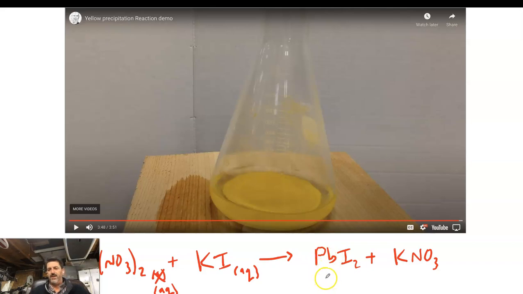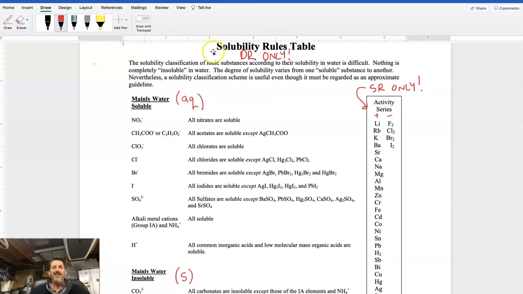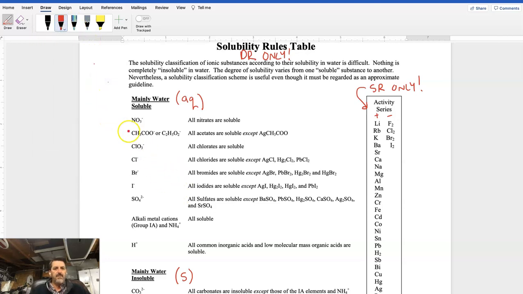What is my precipitate? So I'm going to look at the negative part of this compound and the negative part of that compound. So potassium nitrate. I want to go to my solubility chart and look up nitrates. Okay, and it tells me right here, let's see if that works.